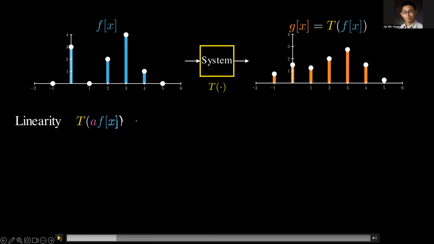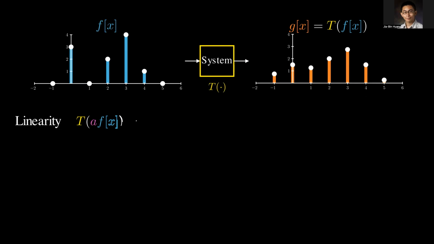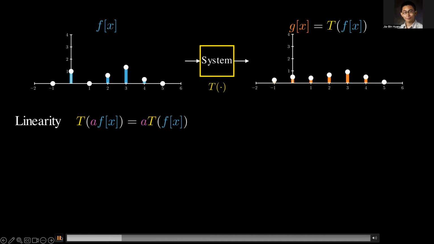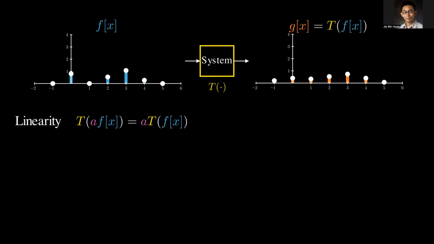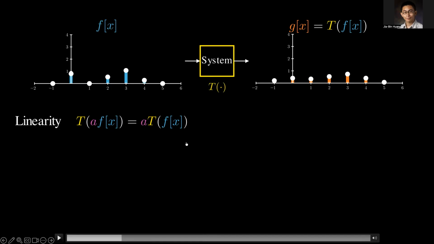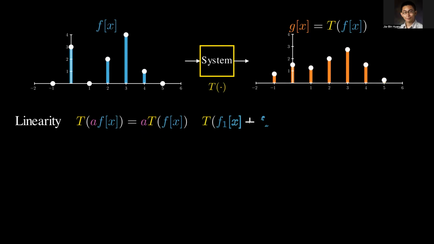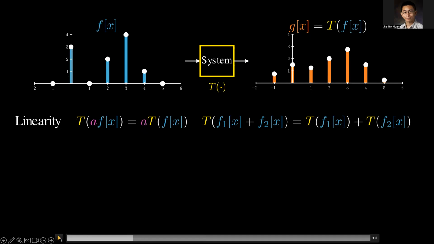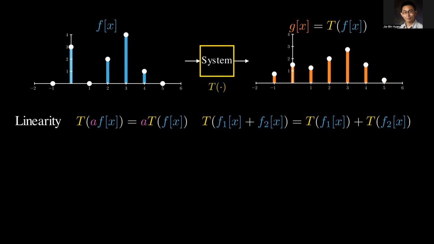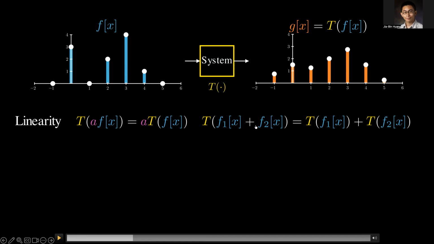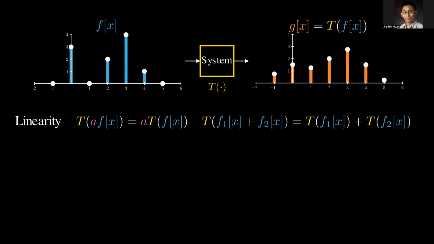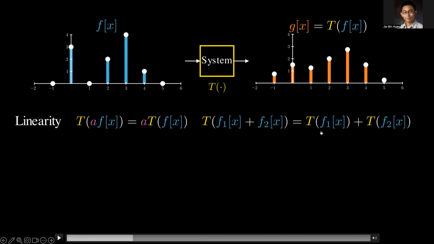For this particular set of systems, if I scale up the input, I can perfectly predict what the output will look like, because the output is just the output of the unscaled input, T of X, scaled by A. That's called linearity. It also means that if I have two signals added together and apply the transformation, it's the same as applying the transformation to each signal separately.